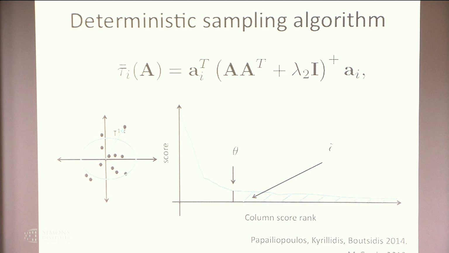Then we're going to be greedy: take all of the columns that have large ridge leverage score and drop all of the columns with small ridge leverage score. The real power in this algorithm is that you can add up the leverage scores of all of the columns that you've dropped, which is sort of the area under the curve, and that's proportional to the error that you're going to get in your later bounds and norm.